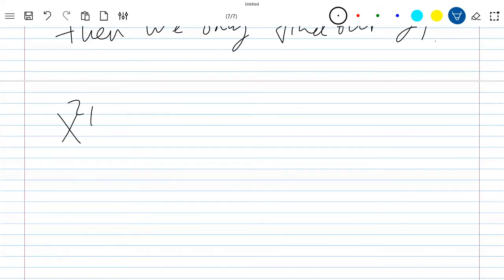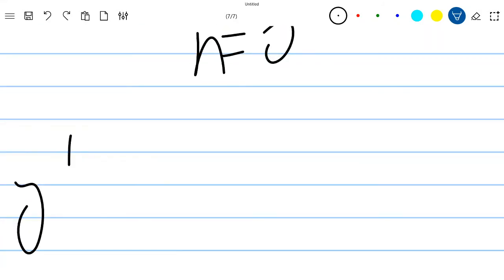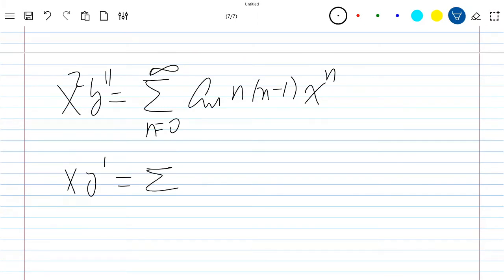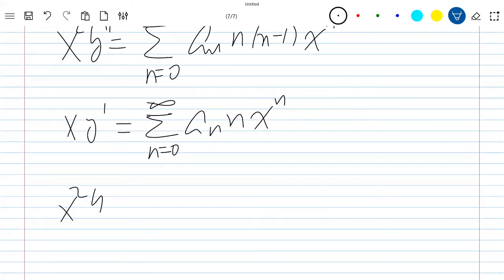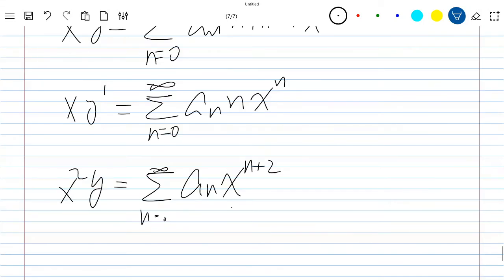So x squared y double prime is the sum from n equals 0 to infinity of a_n times n(n minus 1) x to the n. Then x y prime is a_n n x to the n, and the last term is x squared y, and that term you need a shift. Let's see how you shift.